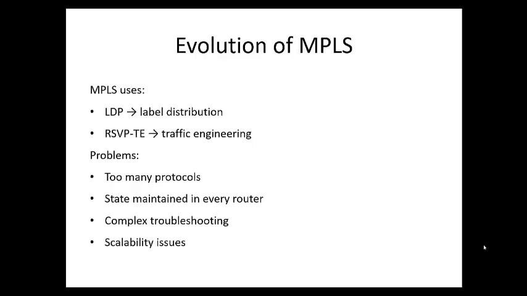So, evolution of MPLS. MPLS uses LDP for label distribution and RSVP for traffic engineering. It's good, but when you compare to SD-WAN, you will find that MPLS with RSVP or LDP is adding more complexity.